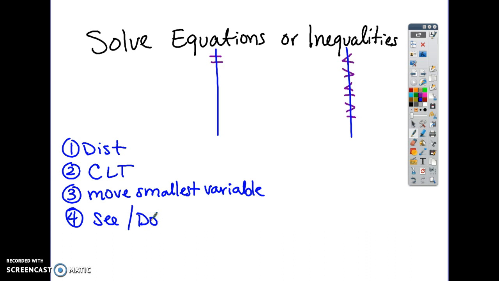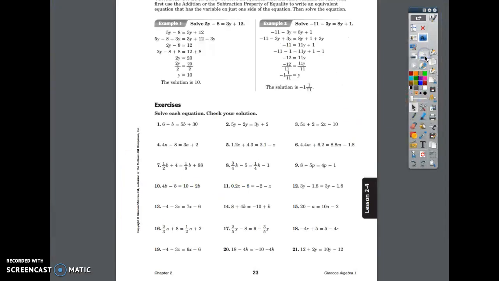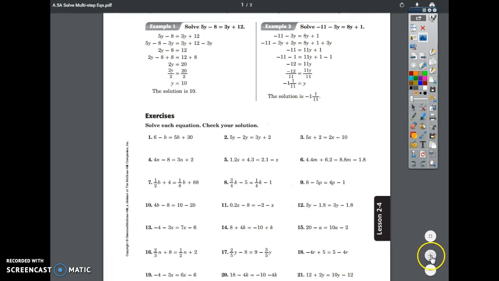Okay, so I'm going to do 3 examples on the front page, and I'm going to do 2 examples on the back page. The front page is this page right here, and I'm going to do problems 6, 12, and 16. So let's go ahead and start with problem number 6.